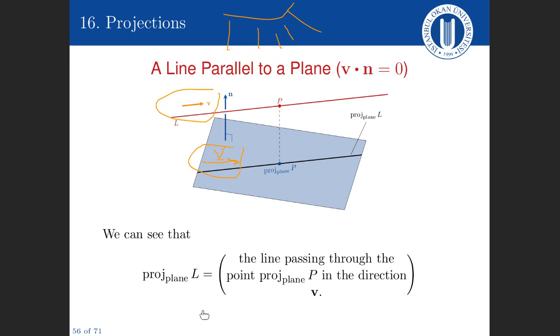So we can say that the projection of the line L onto the plane is the line passing through this point in the direction of v. So really we're calculating the projection of P onto the plane, and then we're writing down the line equations using the same vector v.